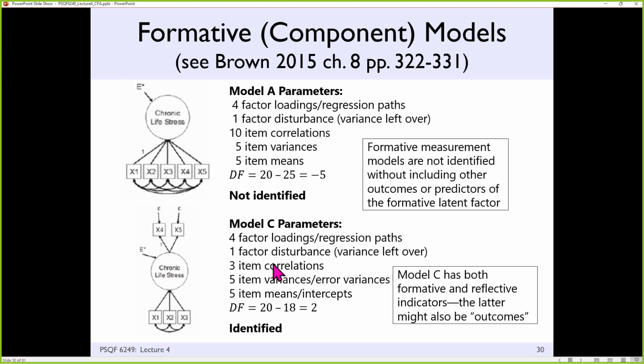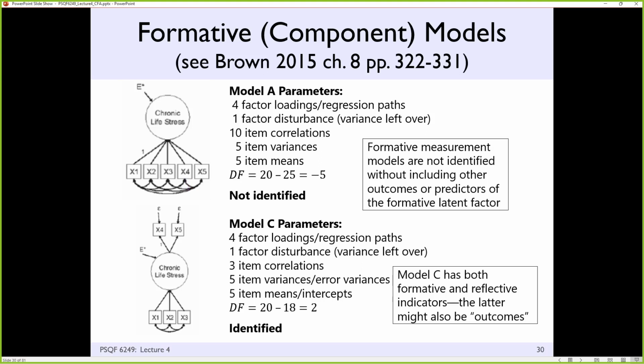In addition to stress, an example that I saw that works with this would be house prices. So what makes a house expensive? You don't have to own a house to answer this question. Location, size, newness, number of bedrooms, number of bathrooms, right? All of these things could be the boxes that cause house value.